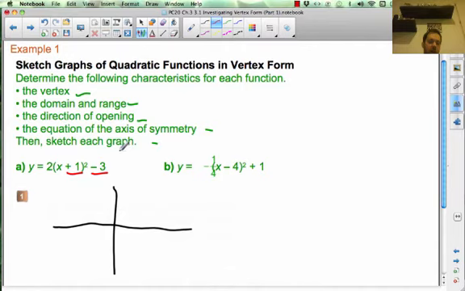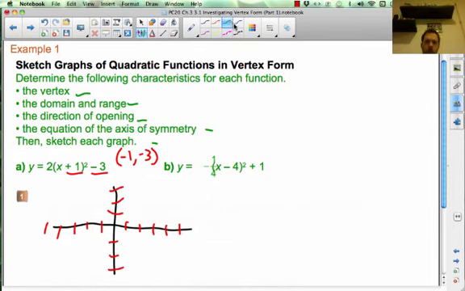So the x value of the vertex is actually minus 1 because we've shifted it 1 to the left, okay? And the y value of the vertex is minus 3, which means 3 down. So let's draw in some things here. 1, 2, 3, 4, 5, negative 1, 2, 3, 4, 5, 1, 2, 3, negative 1, 2, 3.